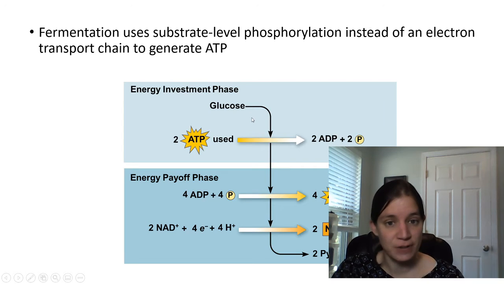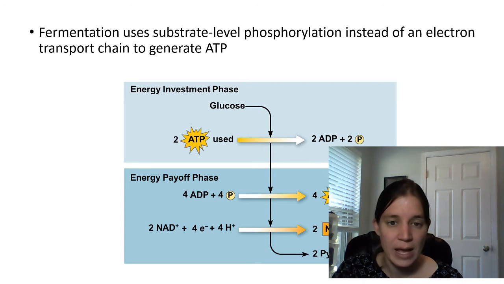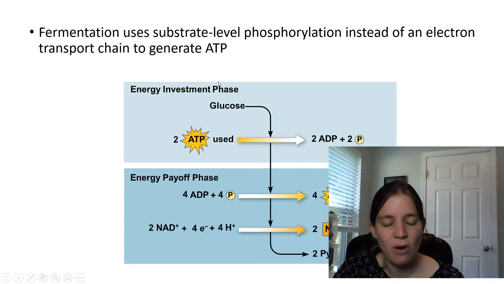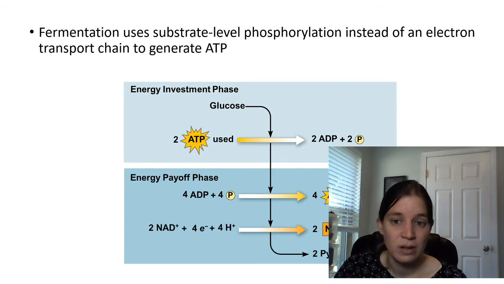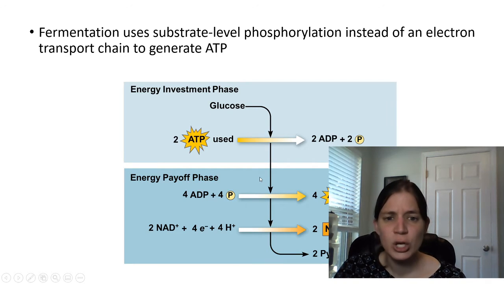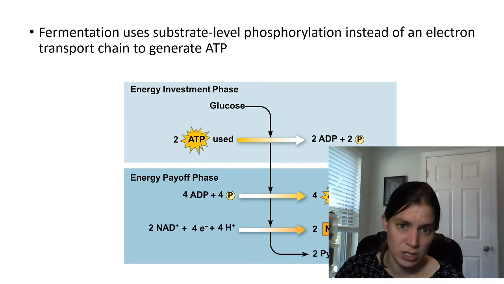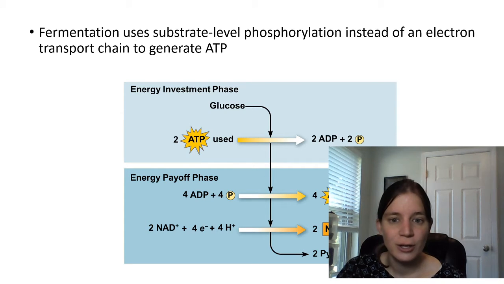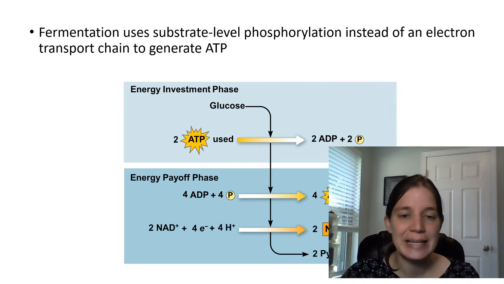It isn't as efficient as aerobic cellular respiration taking it the whole way. If you take this the whole way, glucose can give off about 32 molecules of ATP. From glycolysis, you can get a net gain of 2. So it's much less efficient, but you don't need oxygen. So there is that.